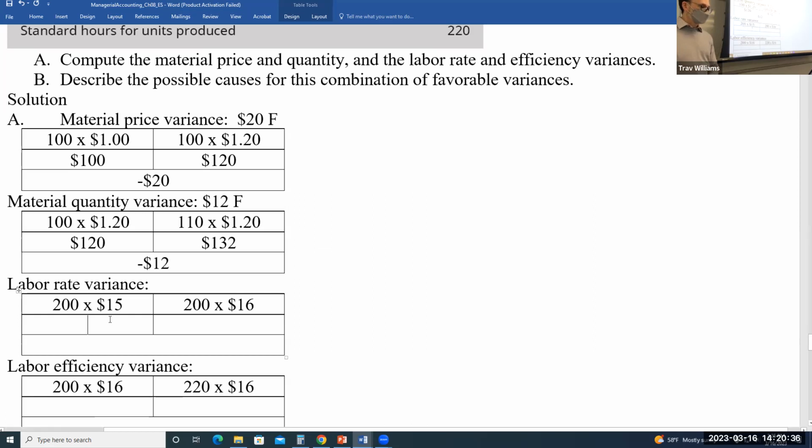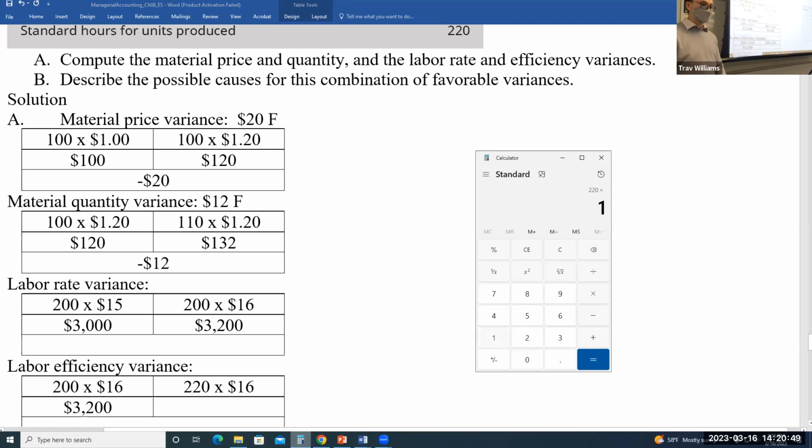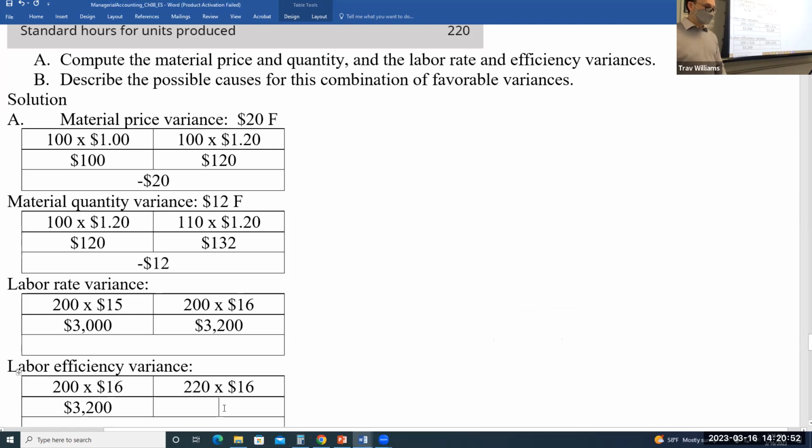All right, so this would be $3,000, 3,200. And this is 3,520. Okay.